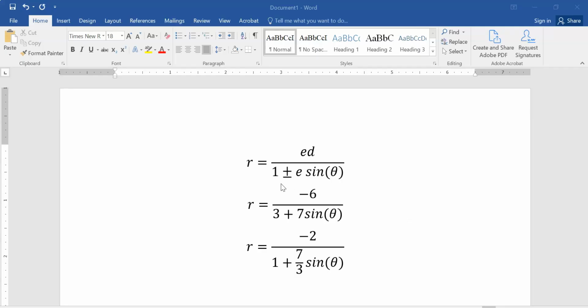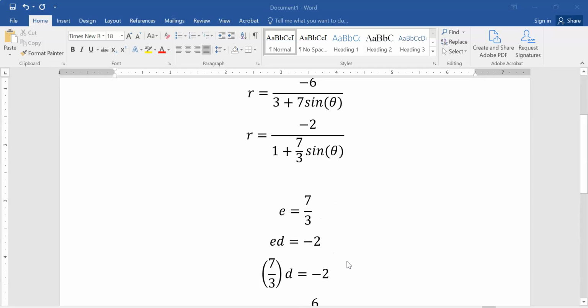All right, so we want to match this thing. What we need to do is multiply both the top and bottom by 1/3. If I do that, -6 times a third gives me -2. 3 times a third gives me 1. 7 times a third gives me 7/3. So I get -2 over 1 plus 7/3 sine theta.